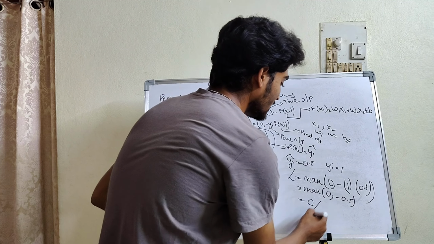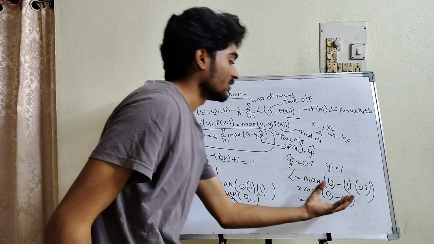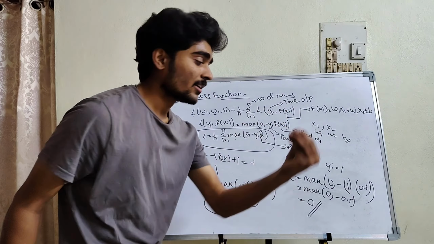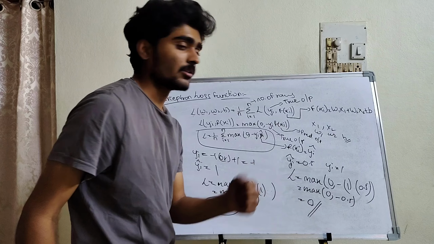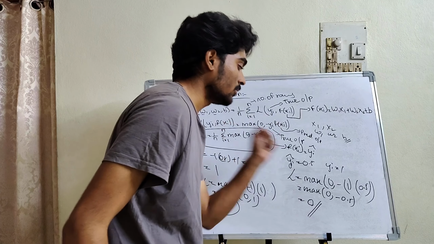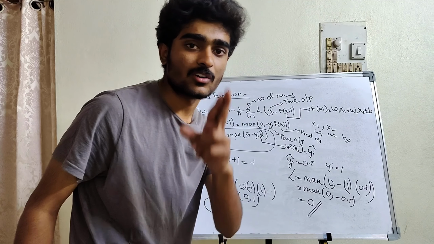This is the main disadvantage of the perceptron loss function: these kind of marginal errors cannot be determined by the perceptron loss function. So to counter this, we introduce another loss function, that is hinge loss function.